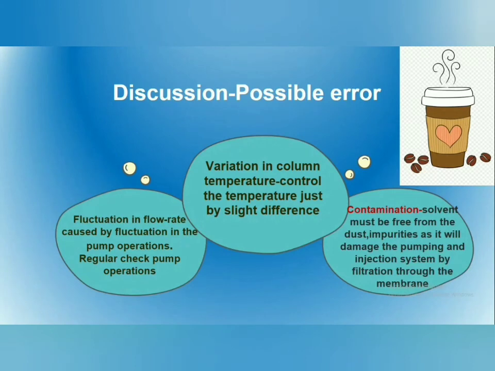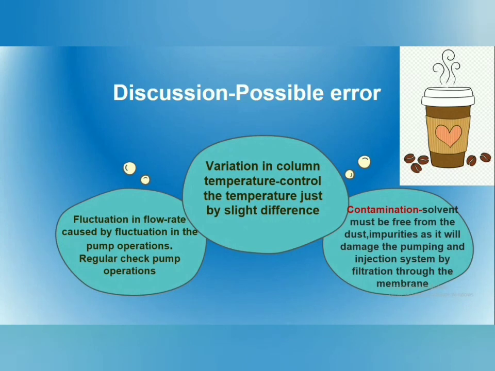Lastly, the discussion: what are the possible errors and how to overcome them? Firstly, there might be a fluctuation in the flow rate caused by fluctuation in the pump operation, so there must be a regular check to track the pump operation. Next, variation in column temperature.